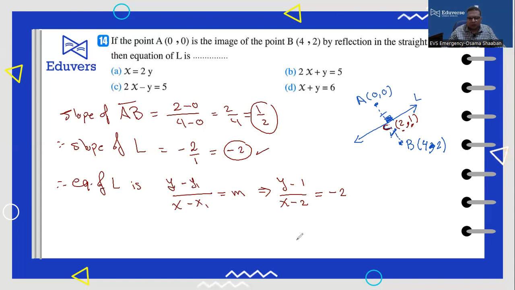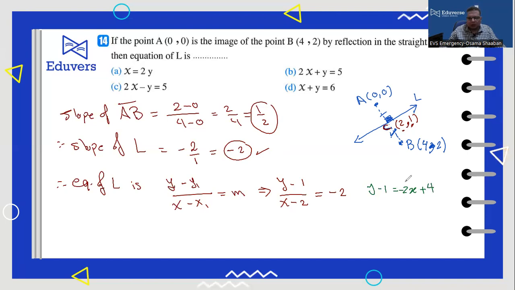You can use cross multiplication to get the equation. So y minus 1 equals negative 2x plus 4.